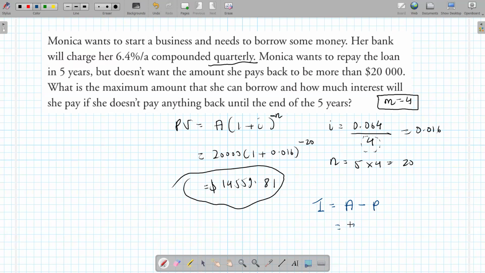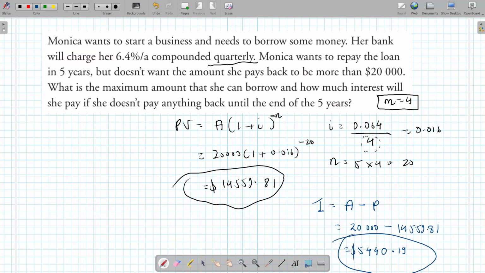We have both of these numbers, we just plug them in. The amount is 20,000. She borrowed 14,559.81. So the interest is 20,000 minus 14,559.81.